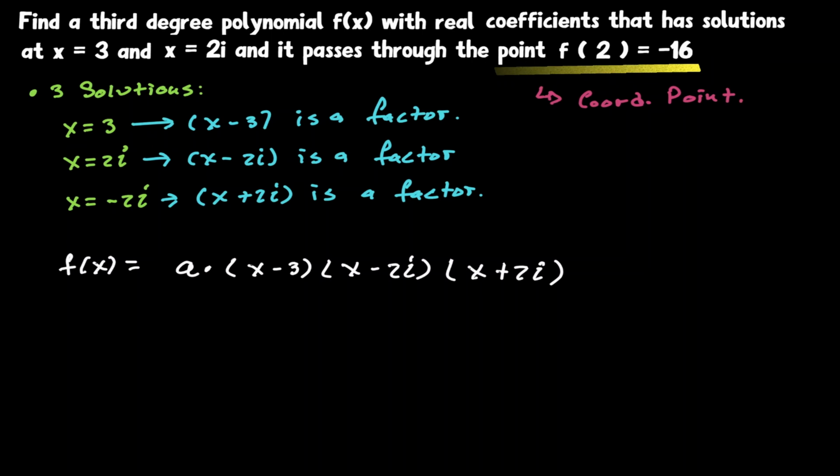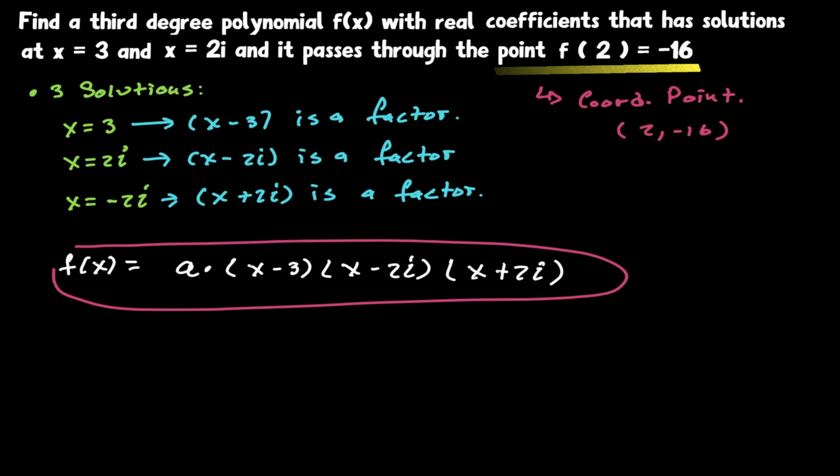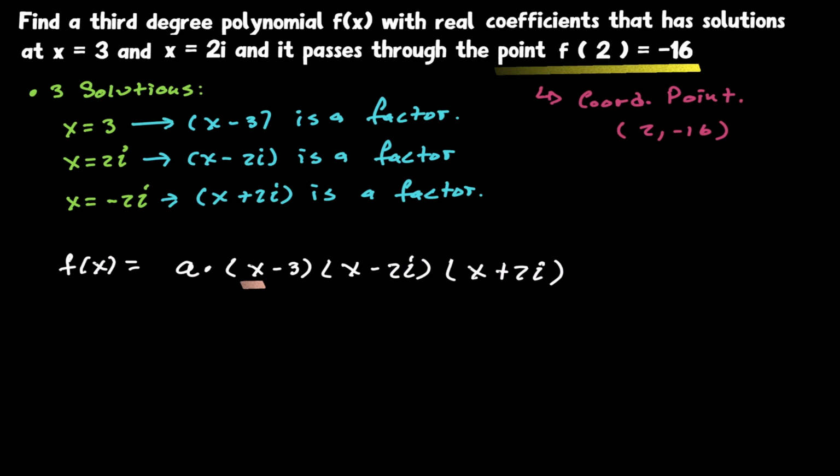So in other words, we want to make sure that this function passes through the coordinate point of 2, negative 16. So how about we go to our function, and every time we see a value of x, let's substitute it with the value of 2, and then let's set our function equivalent to negative 16.